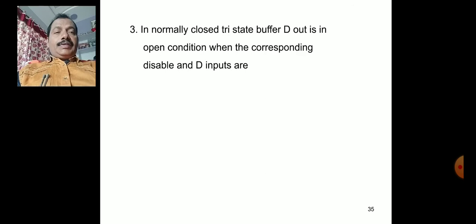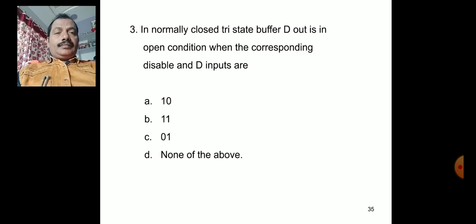Dout is in open condition when the corresponding disable and d inputs are 0 1.